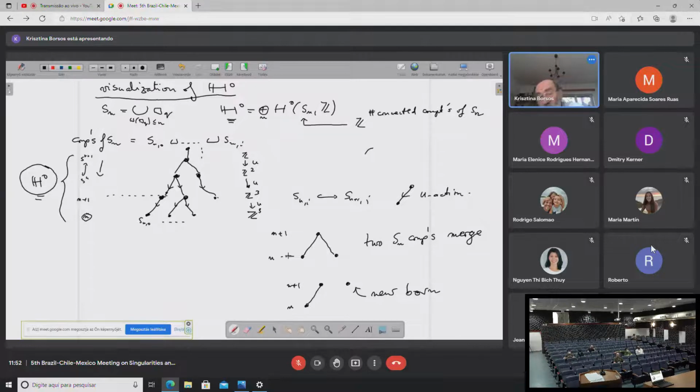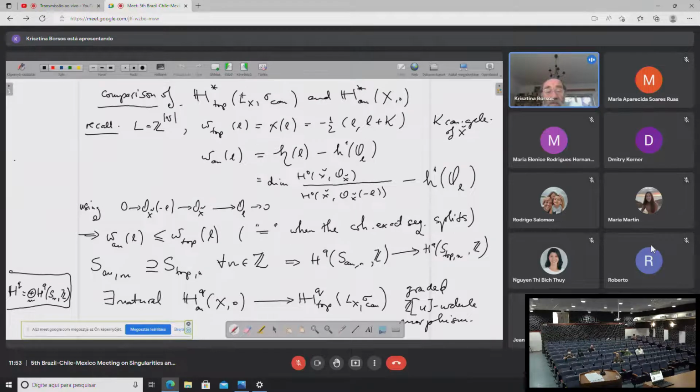Some patterns can happen, some patterns cannot happen in this graded root. It's not so important, but sometimes it's very easy to make pictures of H0. Here again, I don't want to enter into technical details.